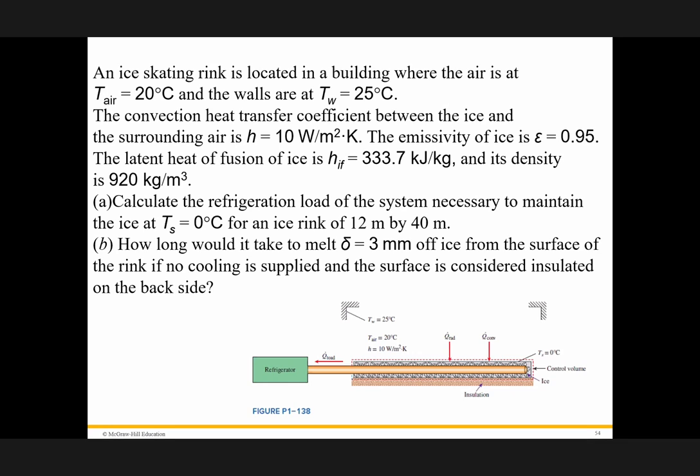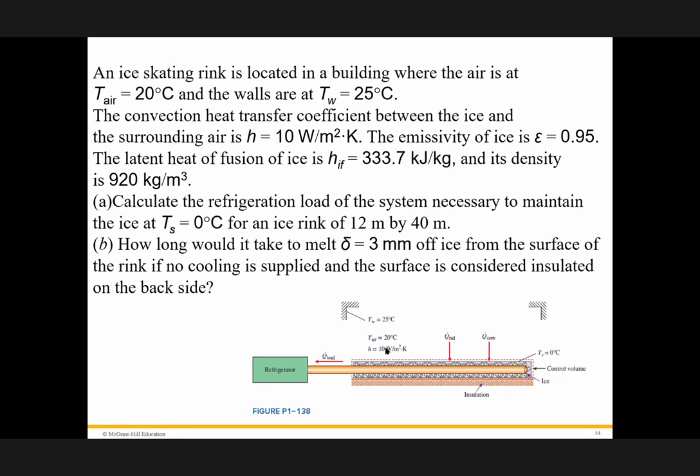Therefore, what we're trying to look at here is how much cooling we have to provide right here, in order to keep the temperature of the ice at 0. Therefore, at this moment, we ignore what happens inside. We're trying to see how much is the energy exchange between this ice on the floor and the room environment. Therefore, this ice exchanges energy with the environment by the convective heat transfer coefficient.